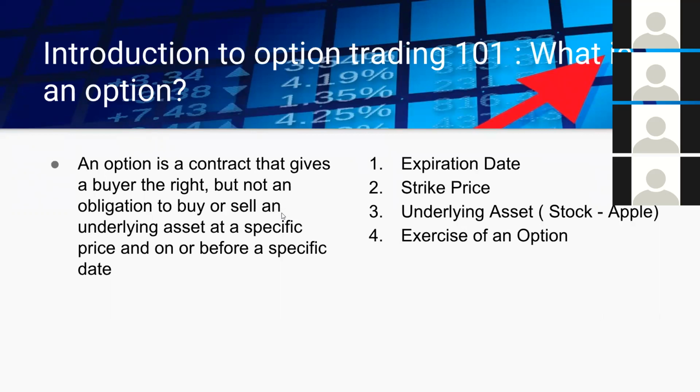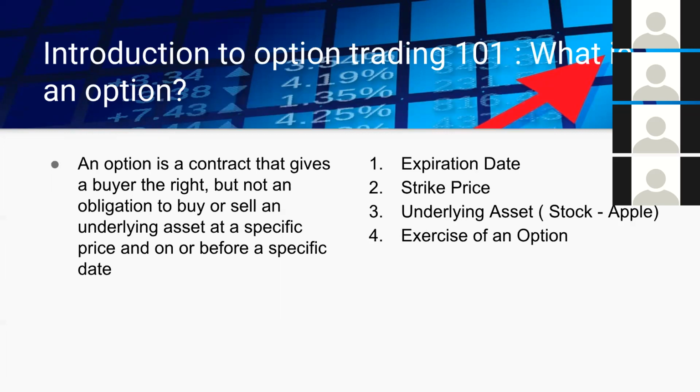So what that really means, there are four elements of an option. An expiration date, which means the date an option will expire. A strike price, which means at what price you're willing to buy that asset. The third one is the underlying asset, which is pretty much the company stock option you want to buy.